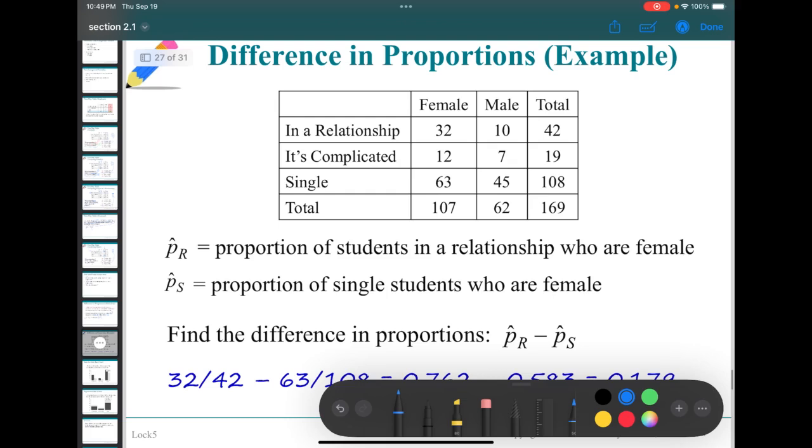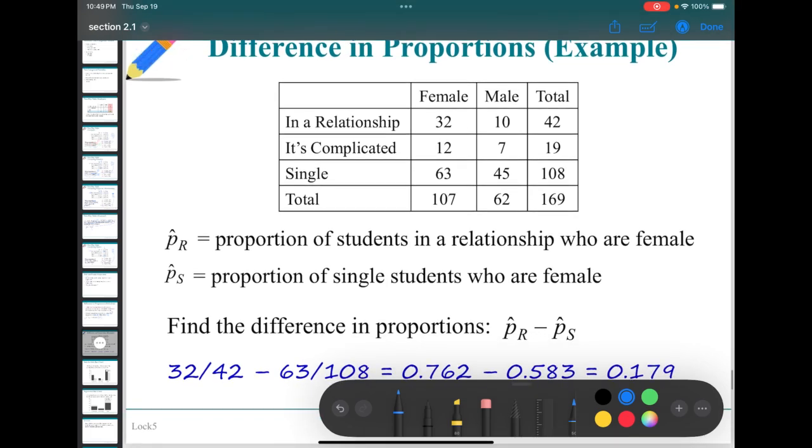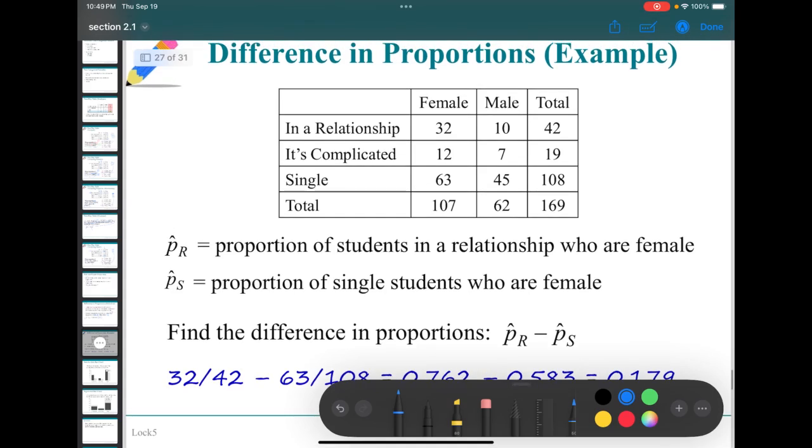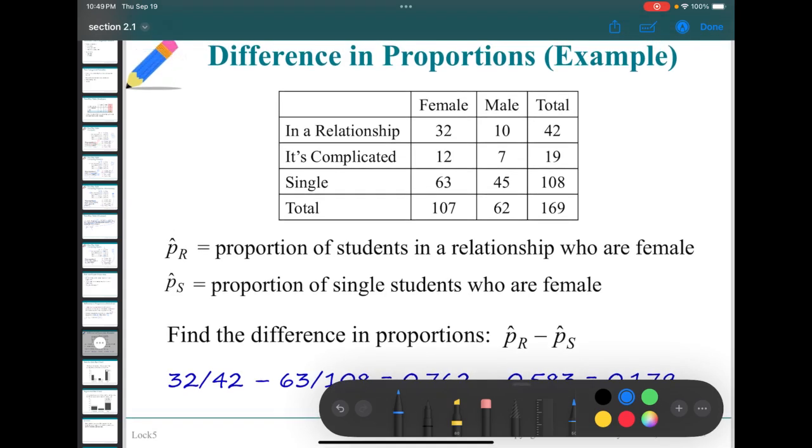Here is another example to understand this difference in proportions. We have considered the proportion of students in a relationship who are female. Now you should be able to find these values.